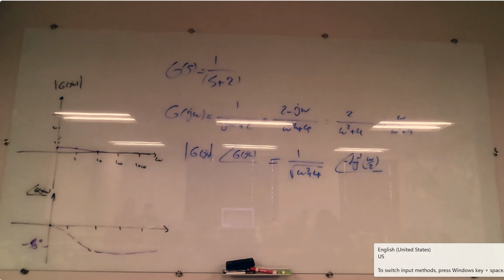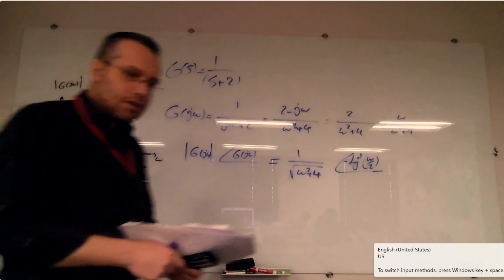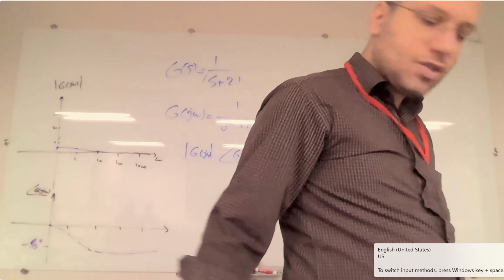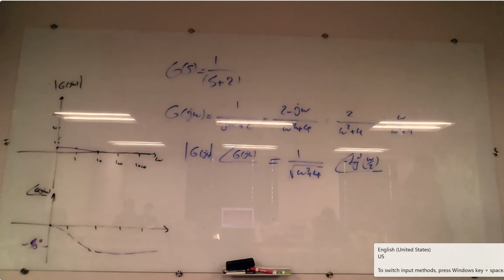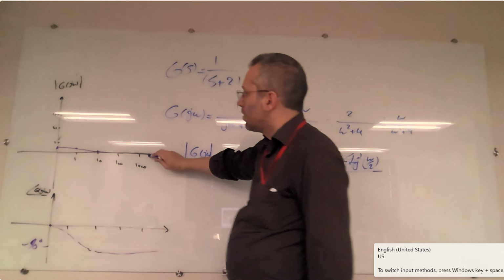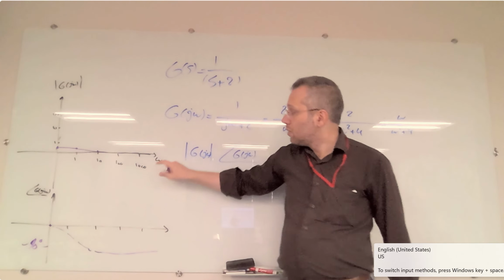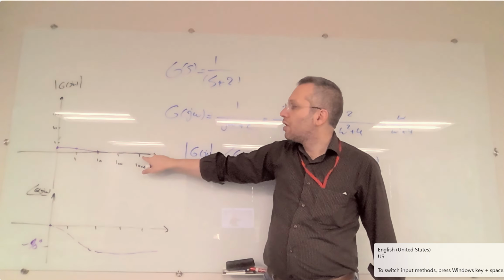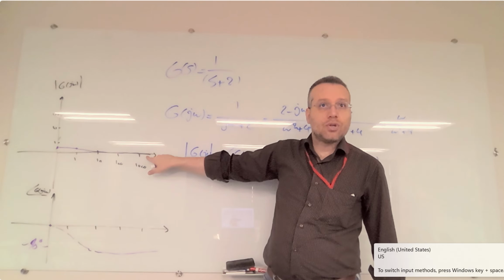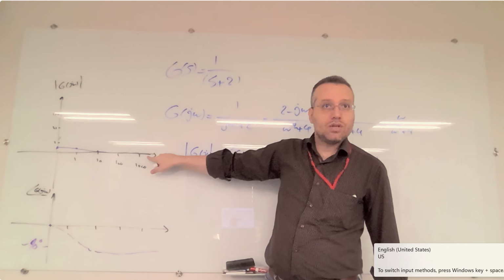Now I know if, for example, I apply a sinusoidal with, let's say, a frequency of 1 kilohertz, which means 2 pi f, so it's going to be 6.28 kilo radian per second. So somewhere here, I know that this system would damp that amplitude because the gain here is very near zero.